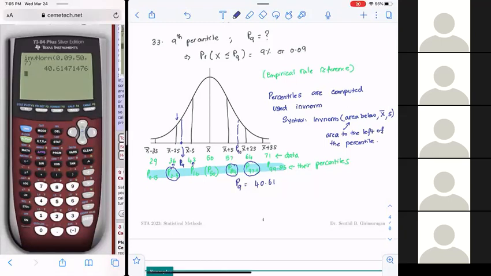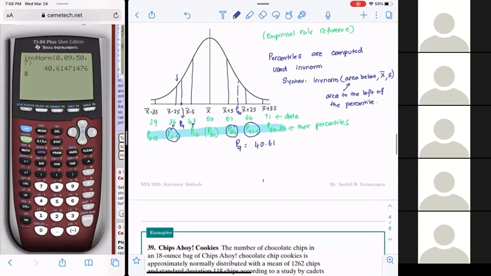So the data points corresponding to P84 and P97.5 are 57 and 64. So the answer we're looking for has to lie between 57 and 64. Let's take a guess and see if I can do a good job. I am going to guess about 61. Let's see if that is true.